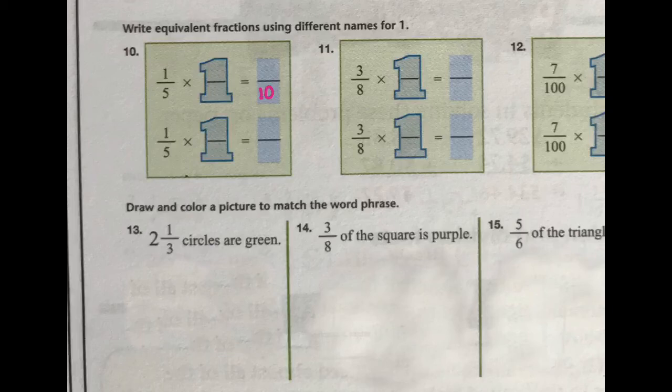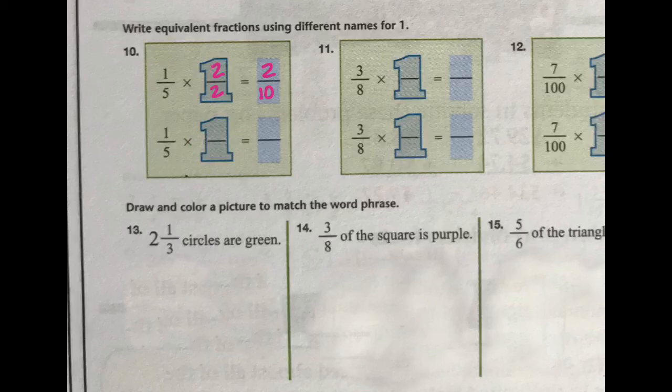tenths. Okay, so I'm going to multiply by 2 halves. Okay, so 5 times 2 is 10. 1 times 2 is 2. Or you could just make ones in the 1 and then figure it out from there.